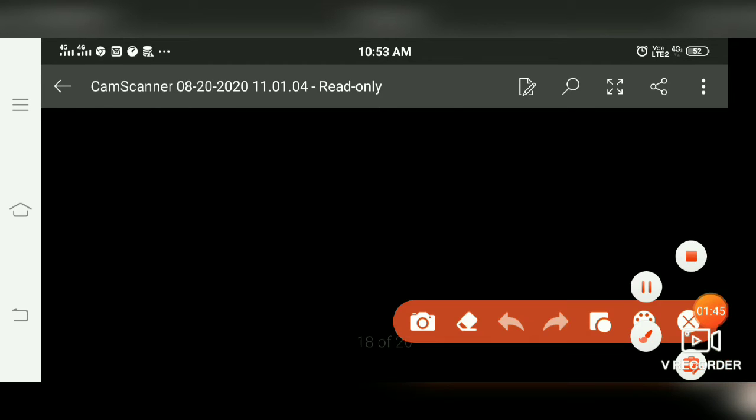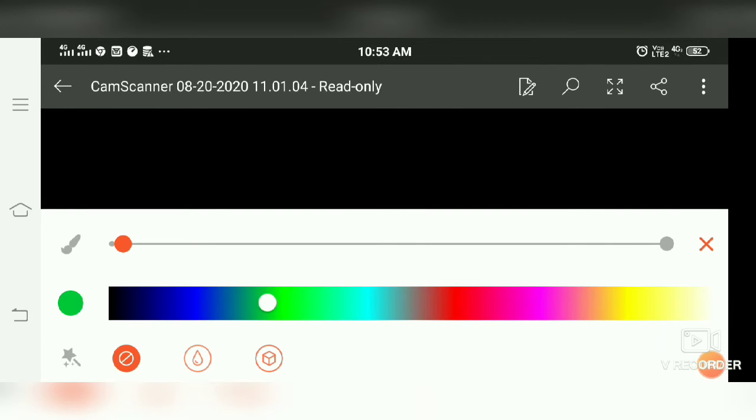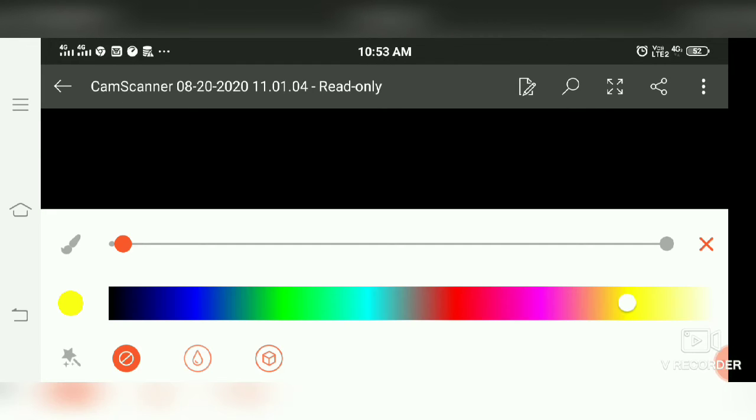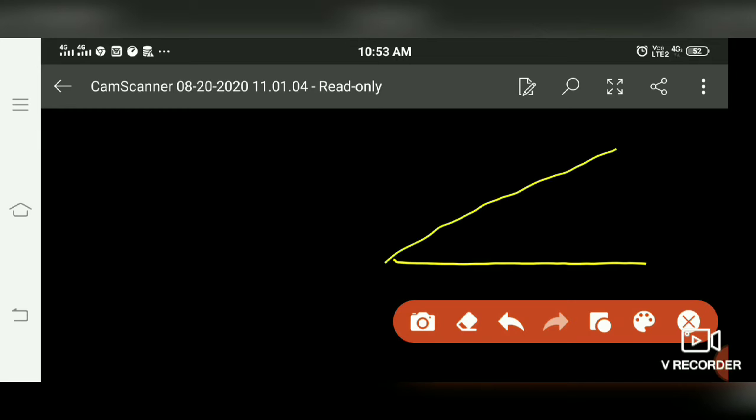Like this is the body, making an angle alpha. This is the mass of the body which always acts in downward direction. If this is alpha, this angle is also alpha.